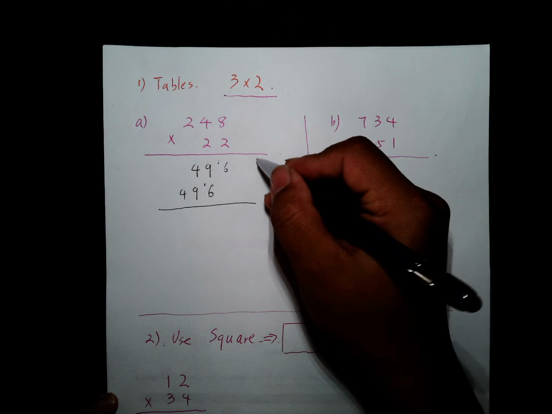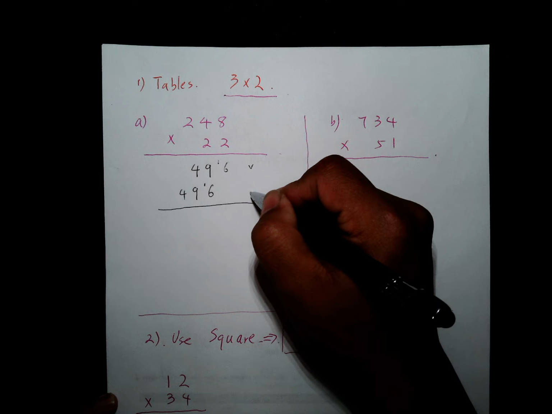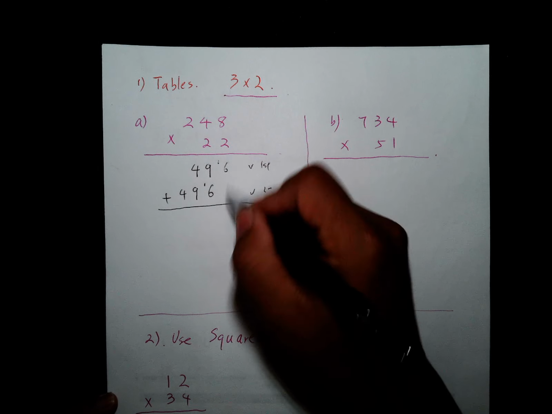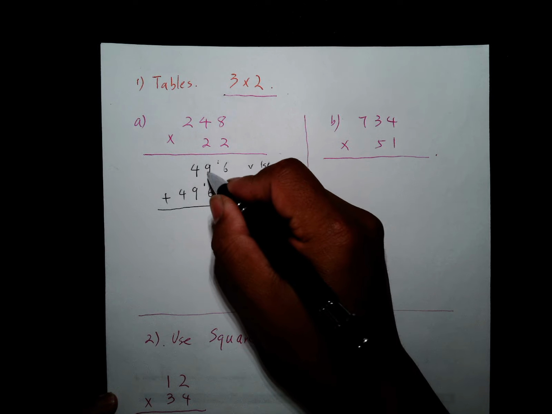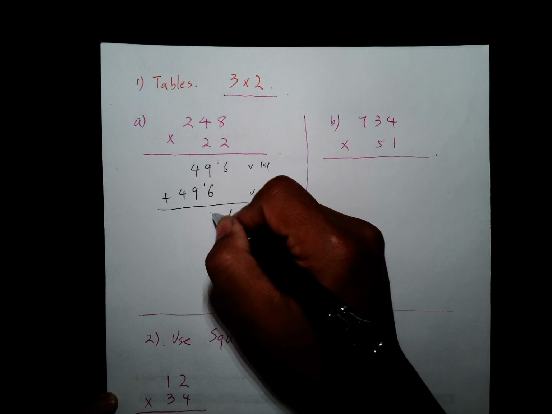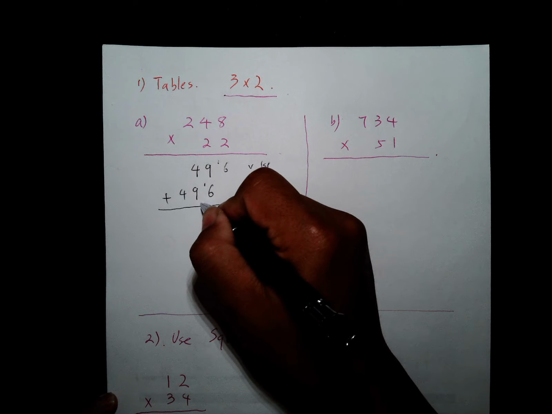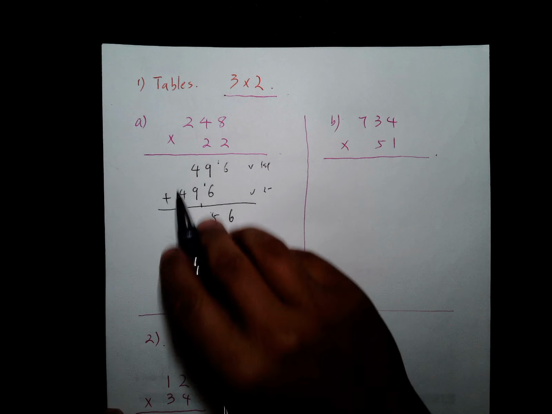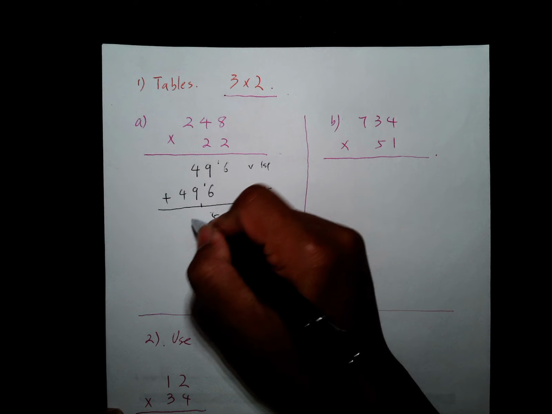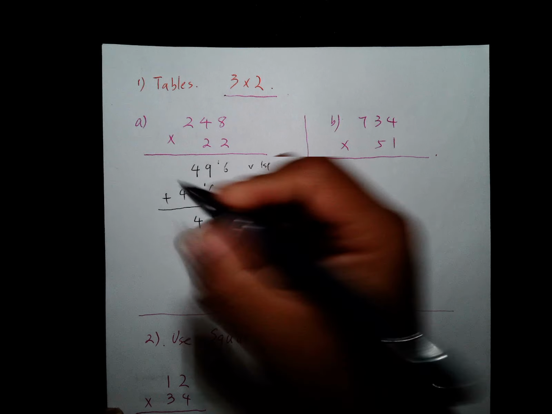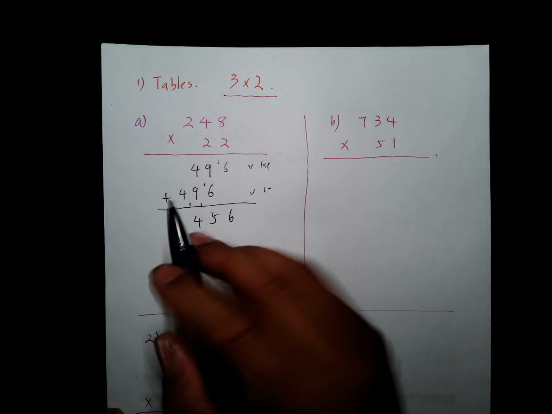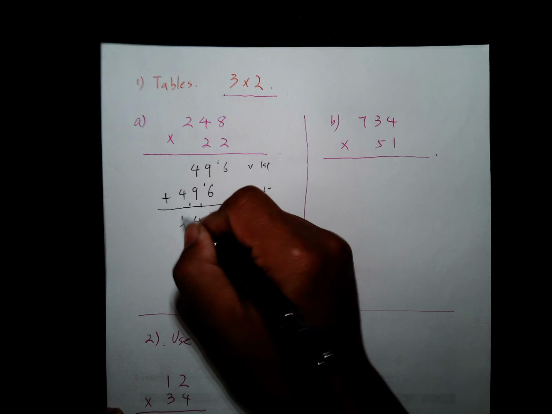After that, we take the first line and second line and make it plus. 6, 9 plus 6 is 15, put 5 and carry 1. 4 plus 9 plus 1 is 14. 4 right here and plus 1 here. 4 plus 1 is 5.